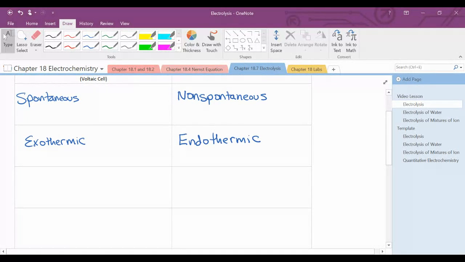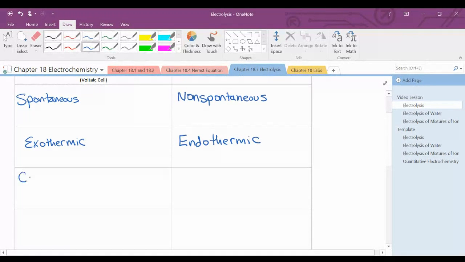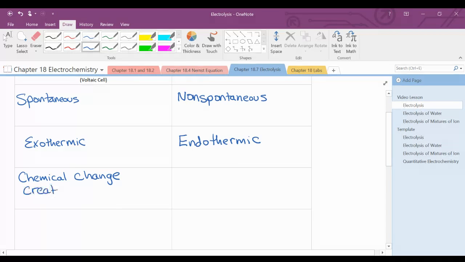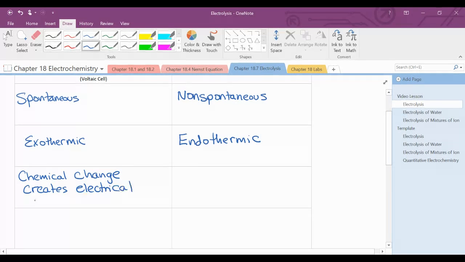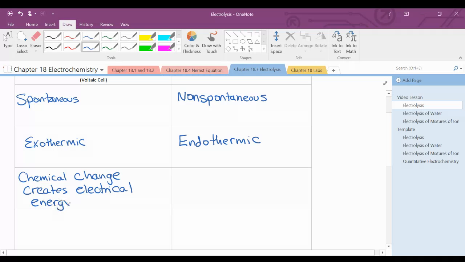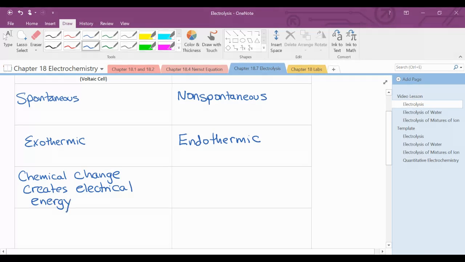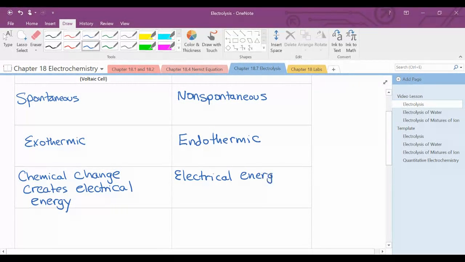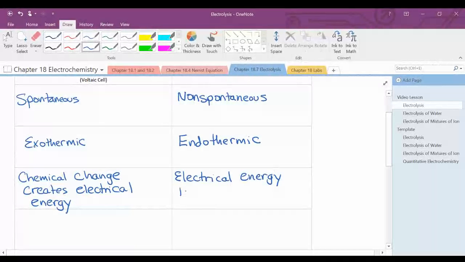And so in galvanic cells, a chemical change creates electrical energy. But in an electrolytic cell, the electrical energy produces a chemical change.